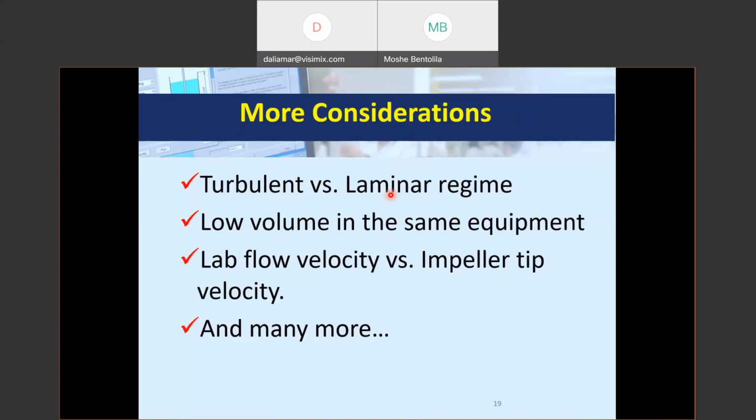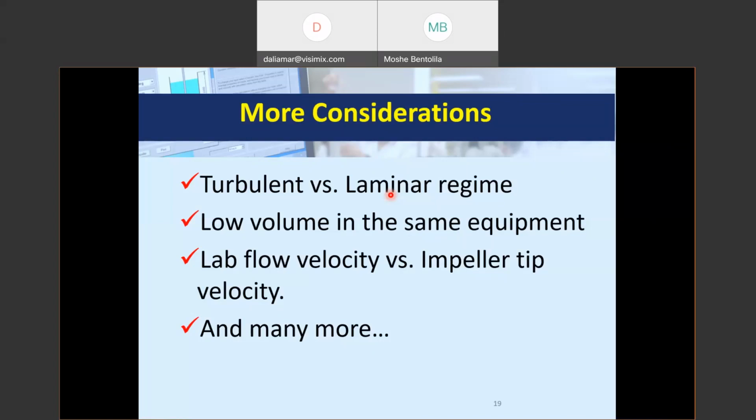A second point, super critical. You go to production and people tell you, this is the equipment we will use in production, but we do not have enough raw material, so we will use this equipment with low volume. If you use the same equipment with low volume and the same velocity as with big volume, it's a completely different flow.